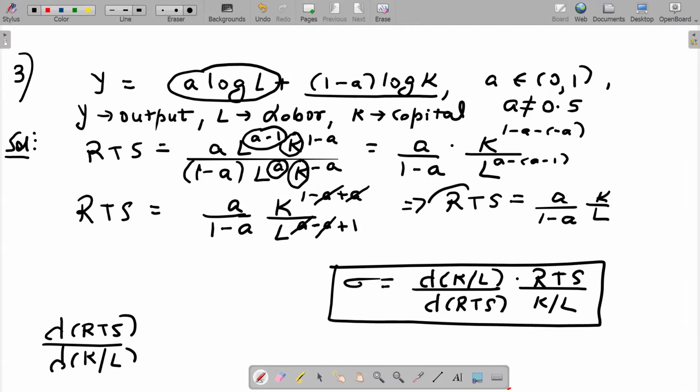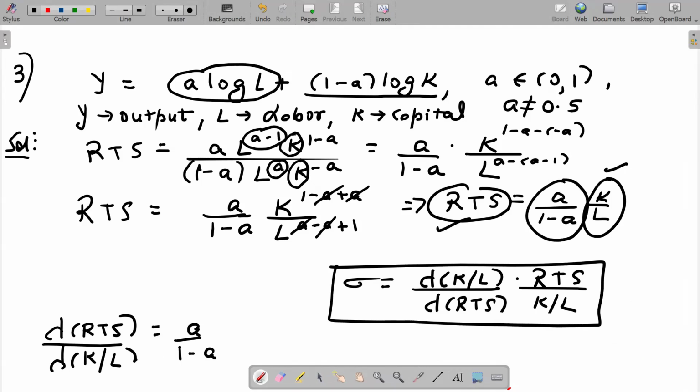I am differentiating RTS with respect to K by L. I just get A over 1 minus A. If I differentiate this with respect to this, don't I get this? So now I can just write what will dK by L by dRTS be? If I take the reciprocal, what do I get? If dRTS over dK by L is A over 1 minus A, then dK by L by dRTS will be 1 minus A over A.